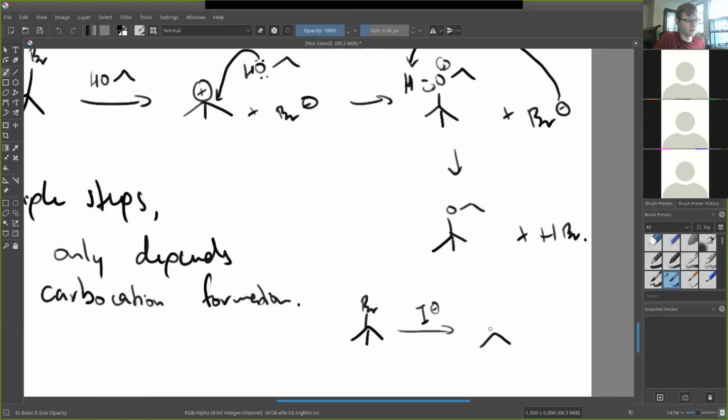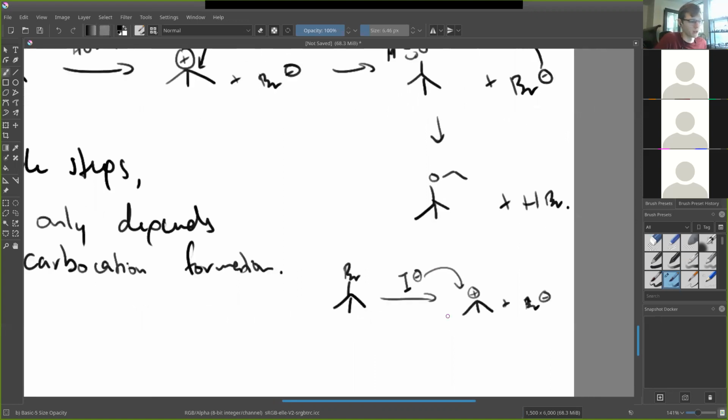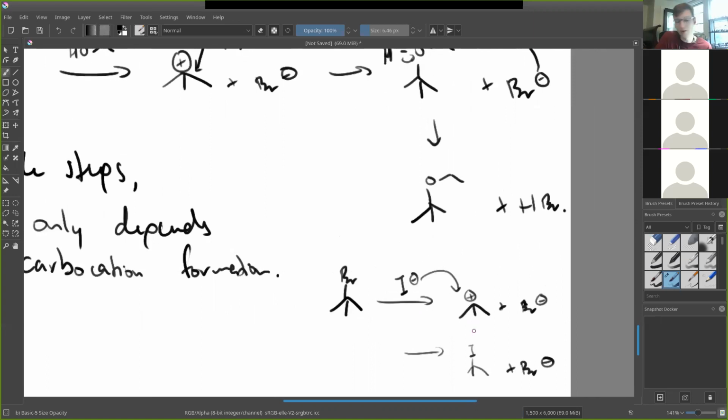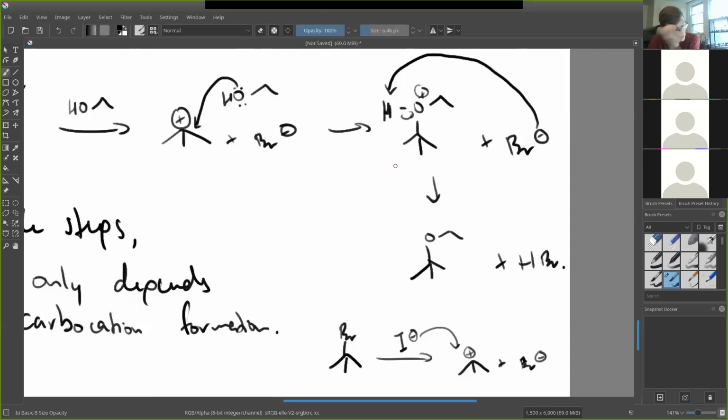And then you get this plus and a bromine, and then this guy is going to come in here and finish that off. So if you have a minus charge thing, then you don't have to do this extra hydrogen transferring step. That was just because I chose to use an alcohol as the nucleophile. So that just has to do with the specific case.